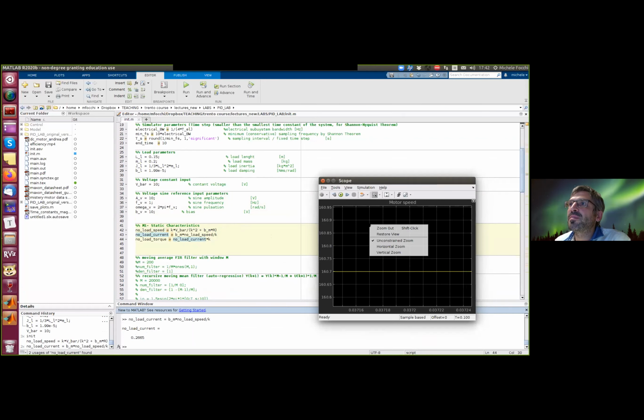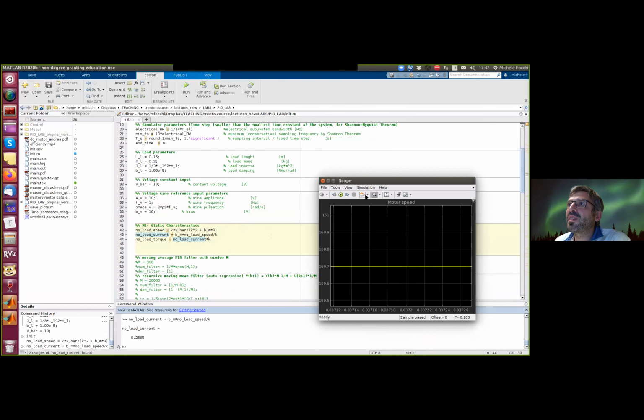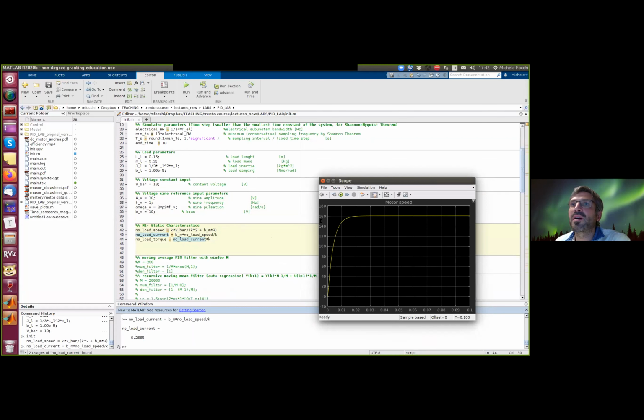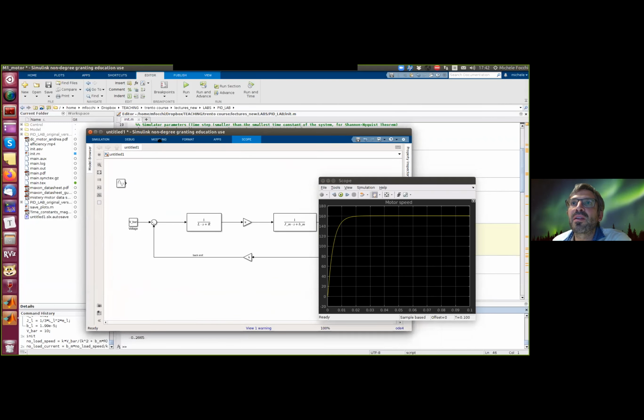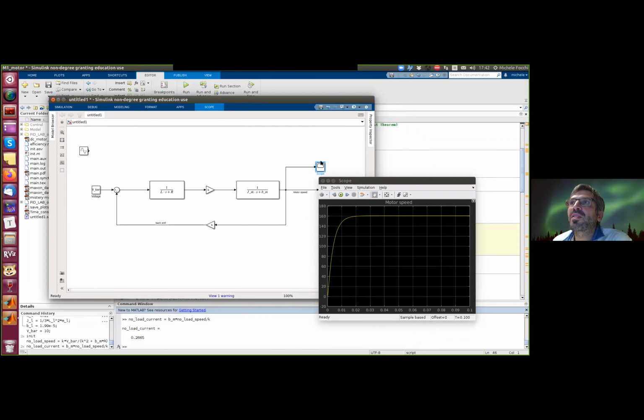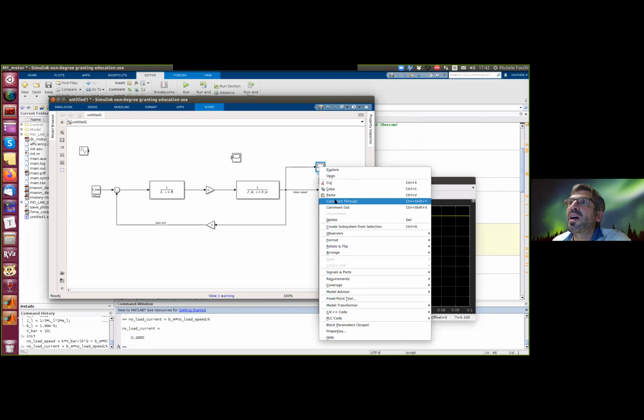No-load current, how much is the no-load current? It's the current whenever we are going to steady state, so we need to plot the current. We didn't do that. We add a scope, right click, drag and drop, and it just copies this, so you can do right click and copy and paste.